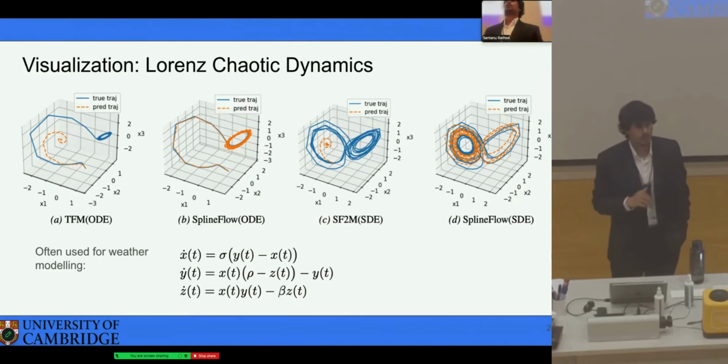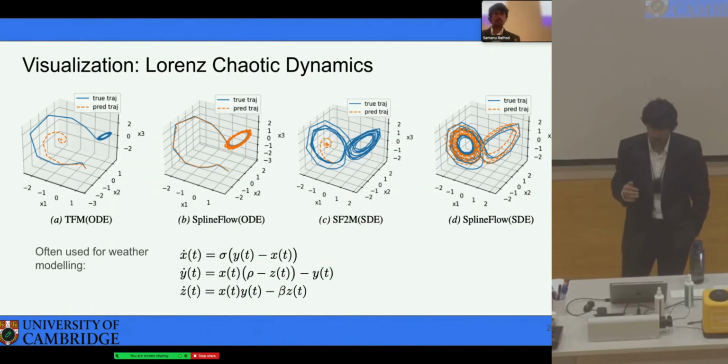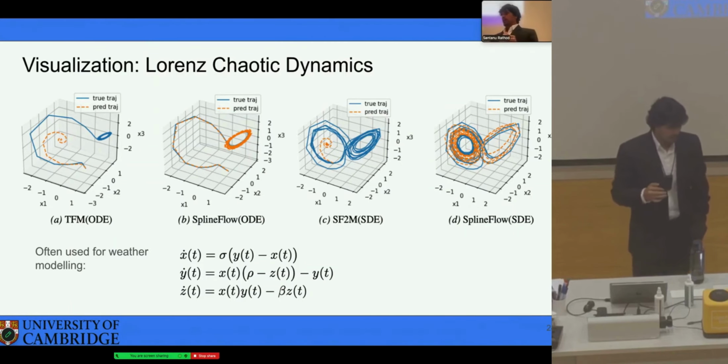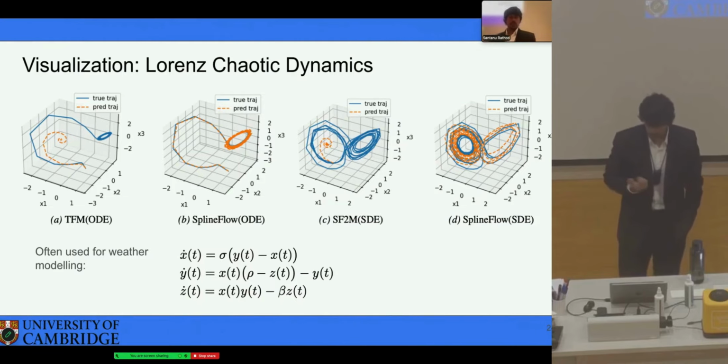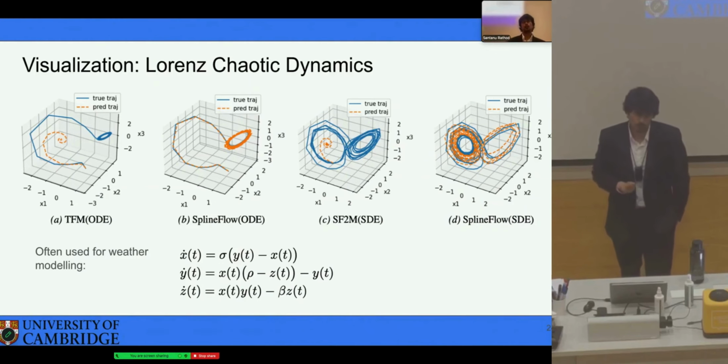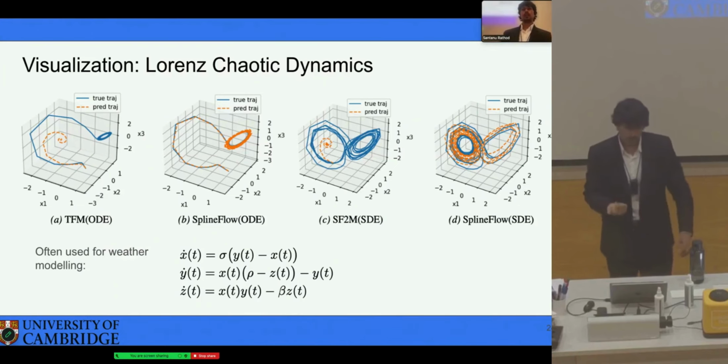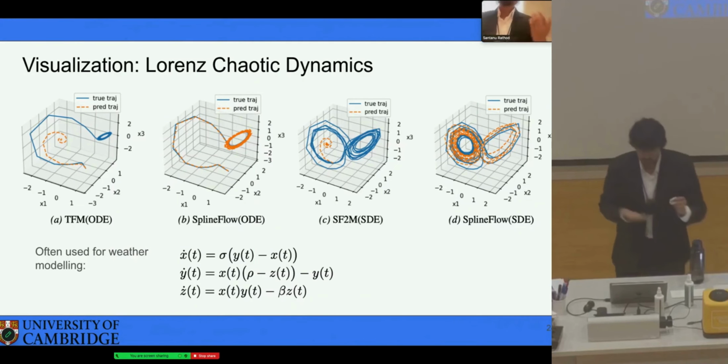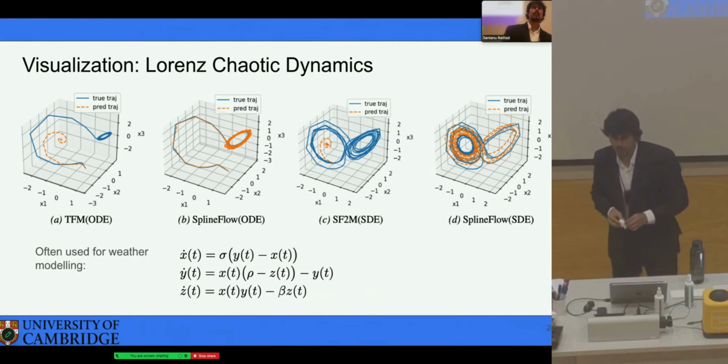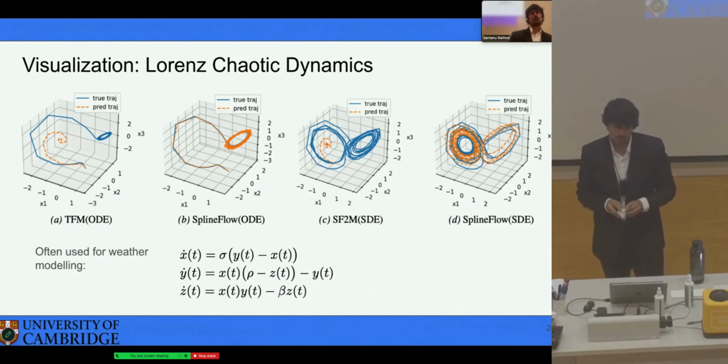This is what makes these systems really interesting to study, as well as to use to model weather, because even in weather you have these chaotic dynamics or butterfly effects that you want to characterize.